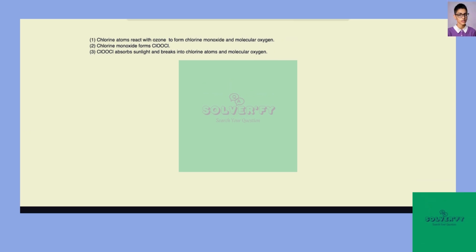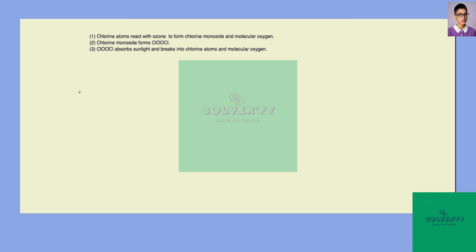Given the following description of steps of an overall reaction, we can write equations for each process as well as the overall reaction. When we talk about a chlorine atom, while typically in reactions we're using a diatomic molecule, the chlorine atom is just Cl. Reacts with ozone, which is O3, to form chlorine monoxide.